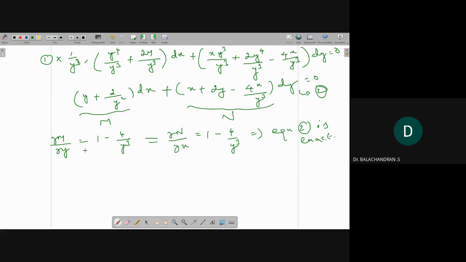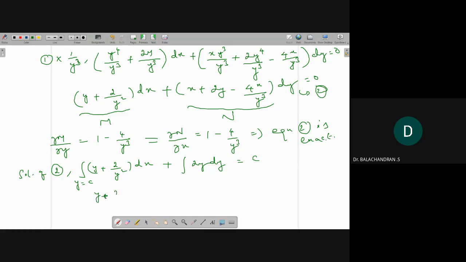Now if it is exact, then we can find the solution of equation 2. The solution of equation 2 is integral M dx, keeping y constant, plus integration of terms of N not containing x. Not containing x is only 2y.